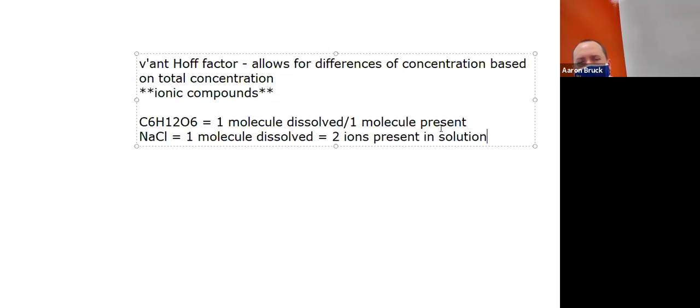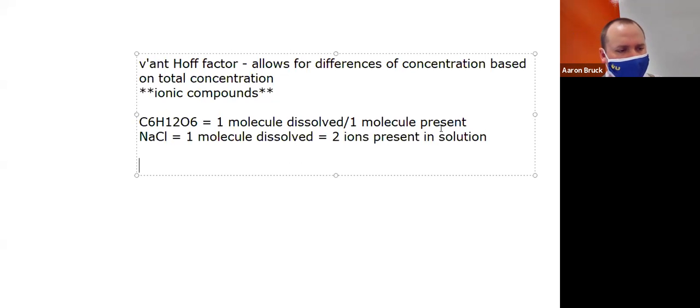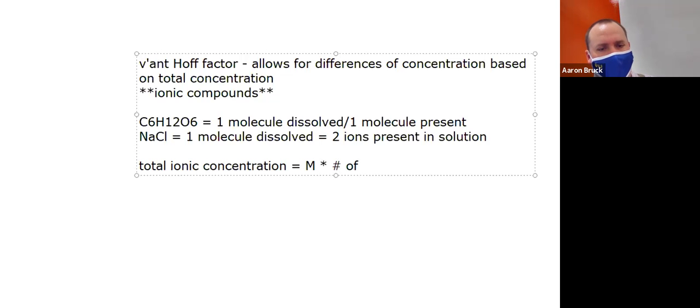Now you'll see this referred to often as total ionic concentration, total ionic charge. Basically, total ionic concentration is the molarity of a solution multiplied by the number of ions per molecule.